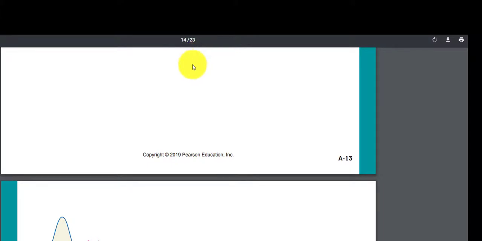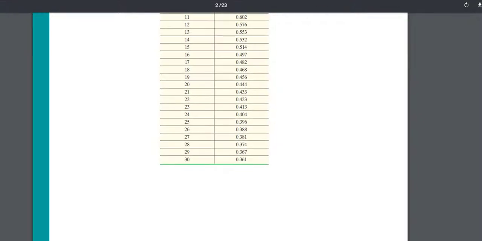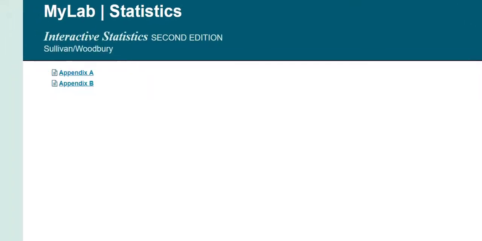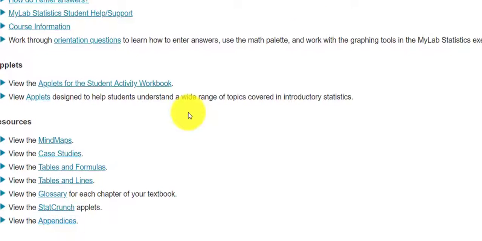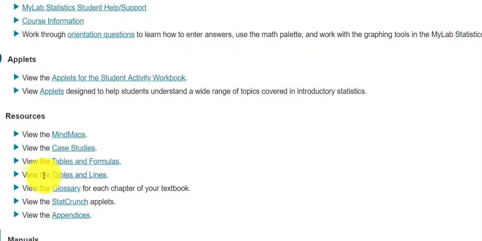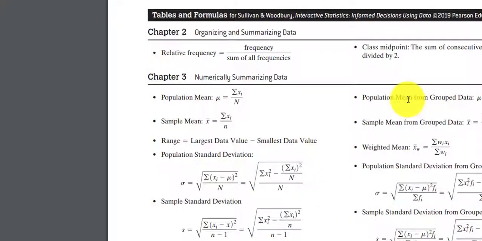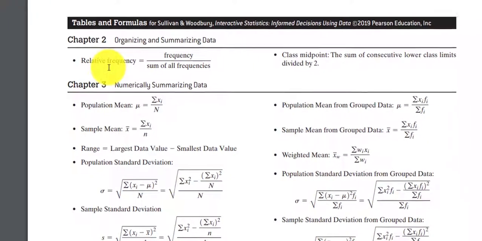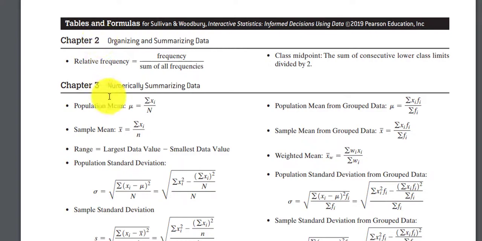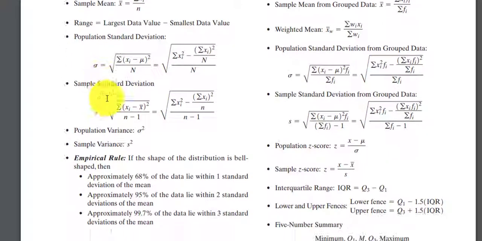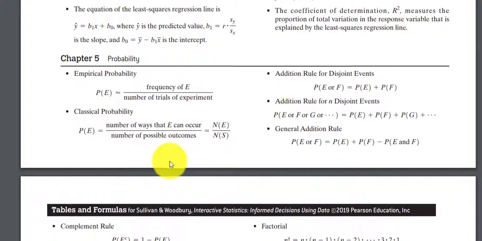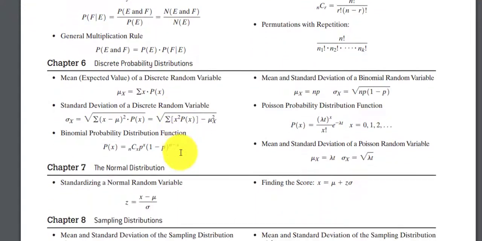So I do want to take you to another document that I think is also pretty helpful. I'm going to X out here, and I'll close this window. Back over here, if you look at this other link, it says View the Tables and Formulas. When I click on that, it creates a nice PDF that organizes your formulas by chapter, Chapter 2, Chapter 3, and so on. I thought this was pretty helpful.